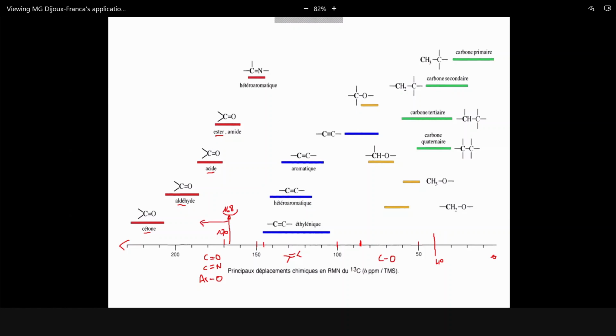So for the exam, I will give you a table, but it is just to keep in mind that aliphatic carbons are there, carbon bearing oxygen are between 40 to 80, 90, double bond between 100 and 130, and then carbon bearing double bond and heteroatom are over 160.